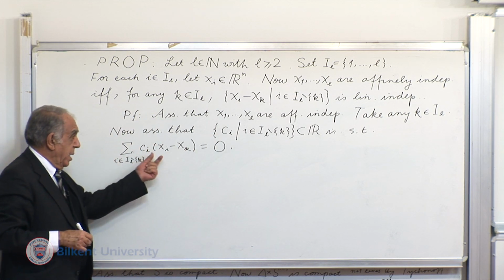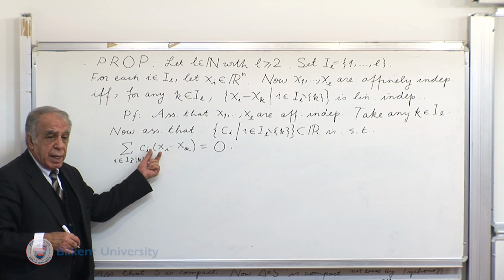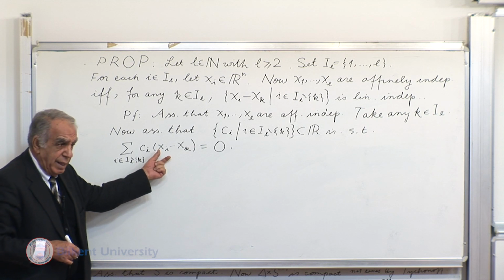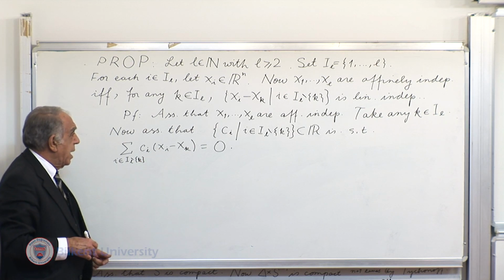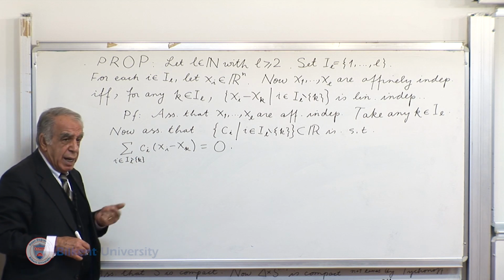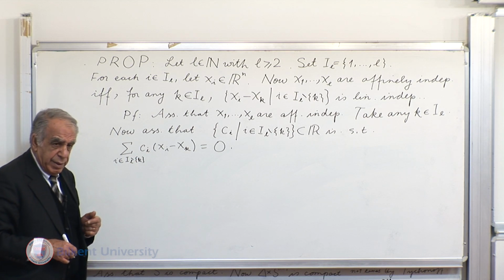So this is a linear combination of L minus 1 vectors in R^n with coefficients c_i. What we need to show is that all c_i's are equal to 0.